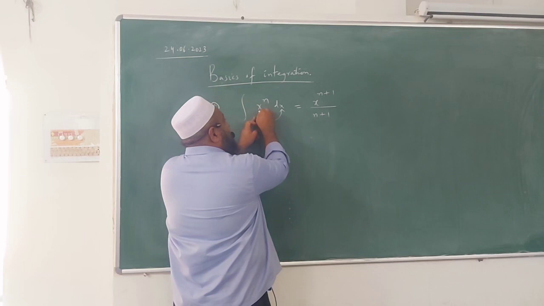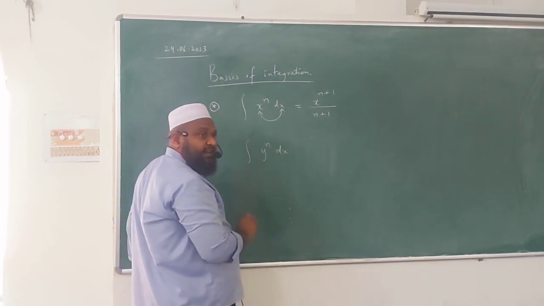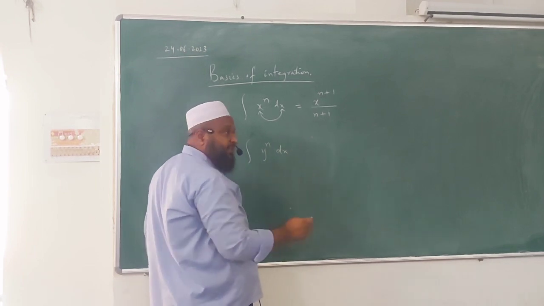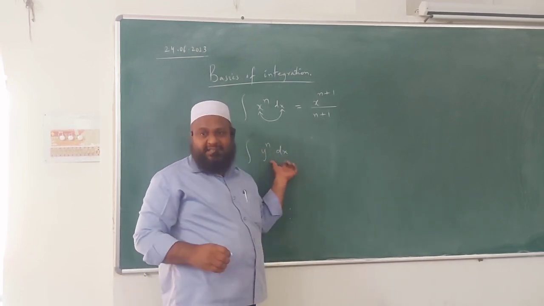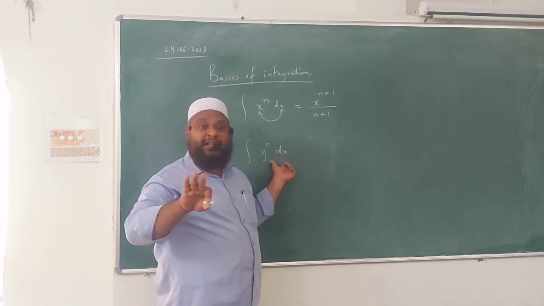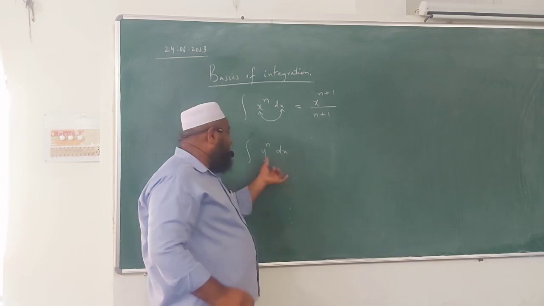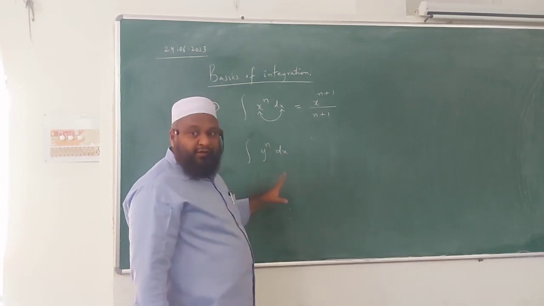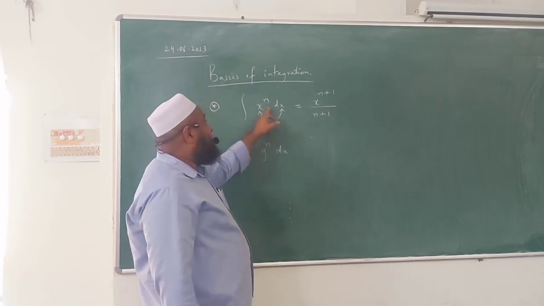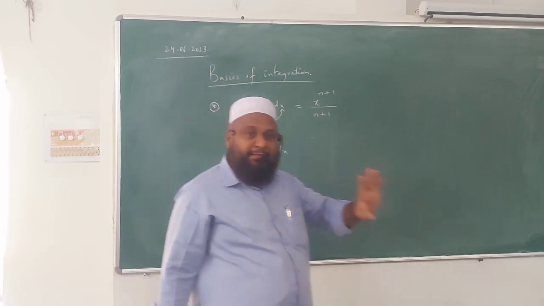If it is y to the power of n and dx, then you should not integrate it, because we are integrating with respect to x, and there is nothing given that y is constant, nothing given that y and x are related. So be careful. The main important point is that whatever variable appears in the differential, we should do the integration with that same variable.